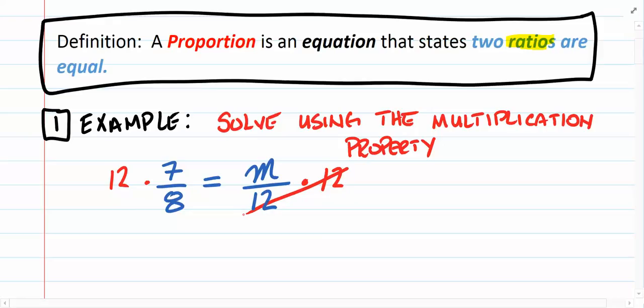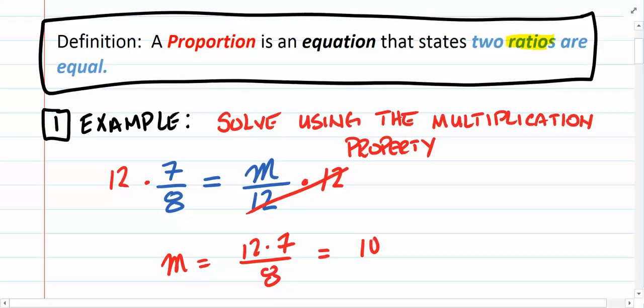So all I'm left with is this: m has to be 12 times 7 all divided by 8. You can run that through your calculator if you like, but you would see that m is equal to 10.5. And that is how we would solve that proportion using the multiplication property.